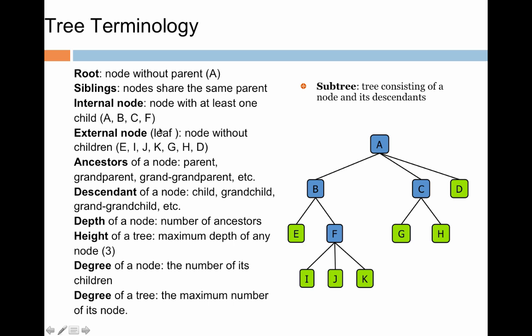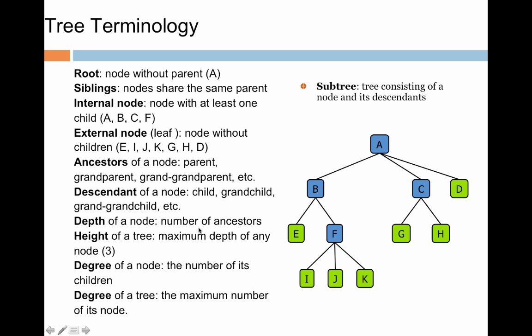An external node, otherwise called a leaf node, is one that does not have children. The ancestors of a node, which are the parents, the grandparents, the great-grandparents, and so on and so forth, are examples of ancestors of a node. The descendant, again, is a child. The grandchild, the great-grandchild are all examples of descendants of a node.